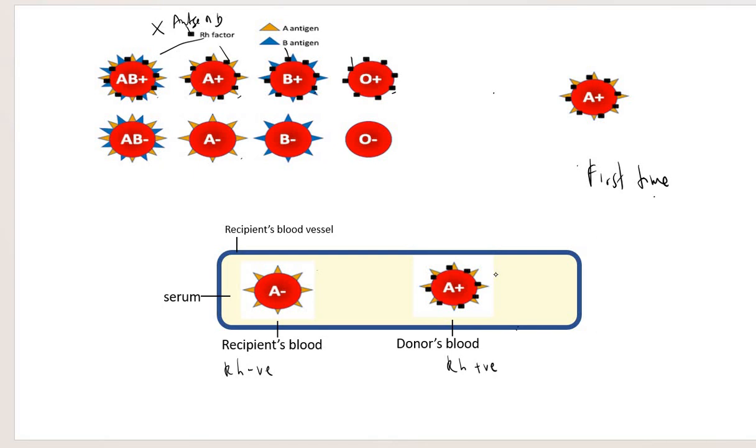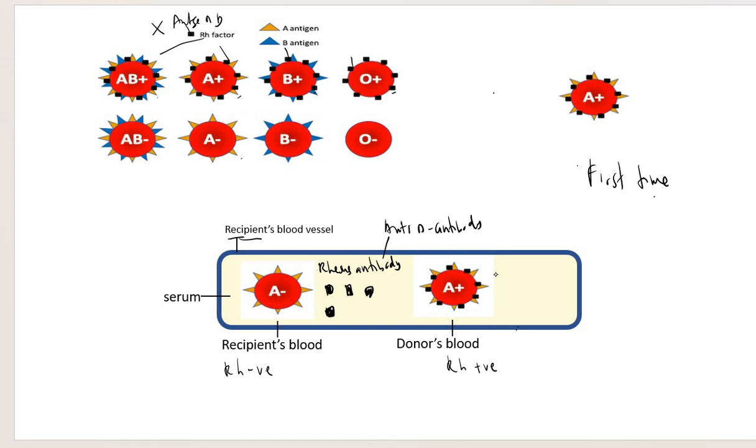So what happens? The blood of this recipient will produce rhesus antibody or anti-D antibody. It will produce the antibody here, because this anti-D antibody does not exist naturally in the blood.